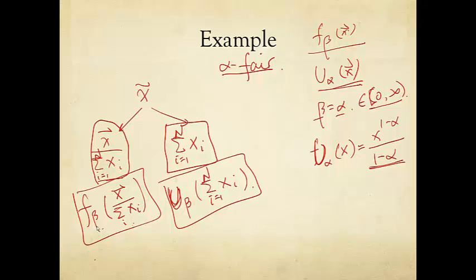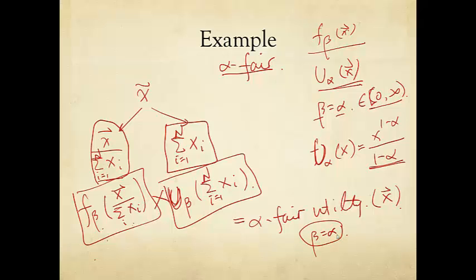Now if you put the two together, meaning you multiply the two, it turns out adding doesn't work, but multiplying works. You basically provide a lift to the fairness value by the efficiency measure. Then this gives you nothing but the alpha fair utility function acting on the entire vector x, where beta is just another name for alpha.